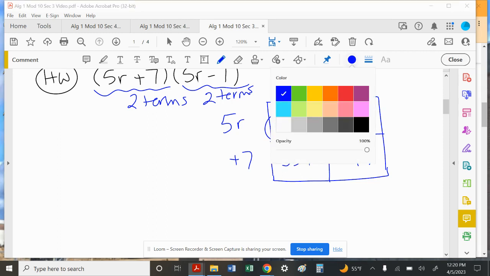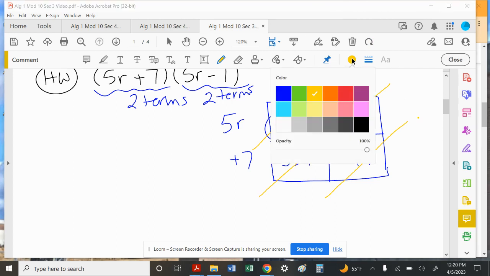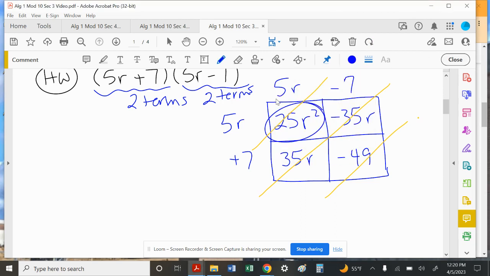Now what we're going to do next is add up the diagonals. So notice I drew diagonals there. They have to be drawn that direction, not the other direction. And when I draw those diagonals there, we have 25r squared, and we add up the diagonals. 35r minus 35r is 0, so those cancel each other.